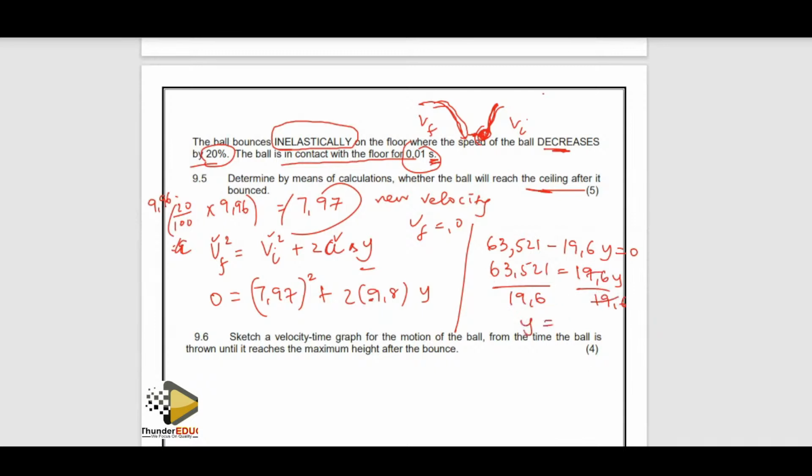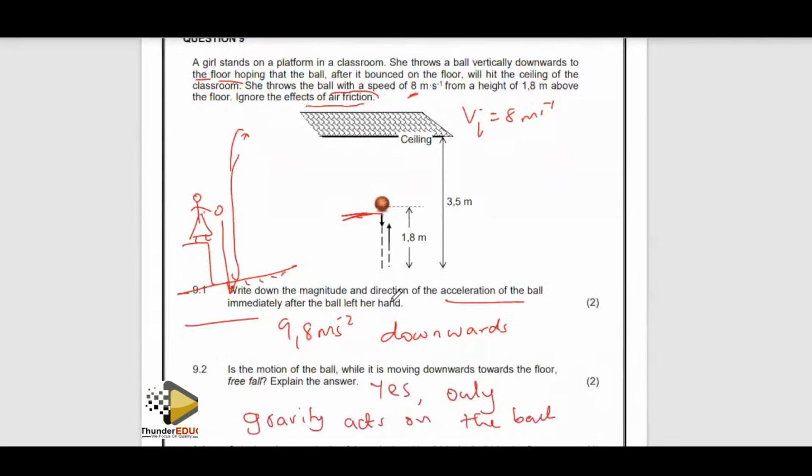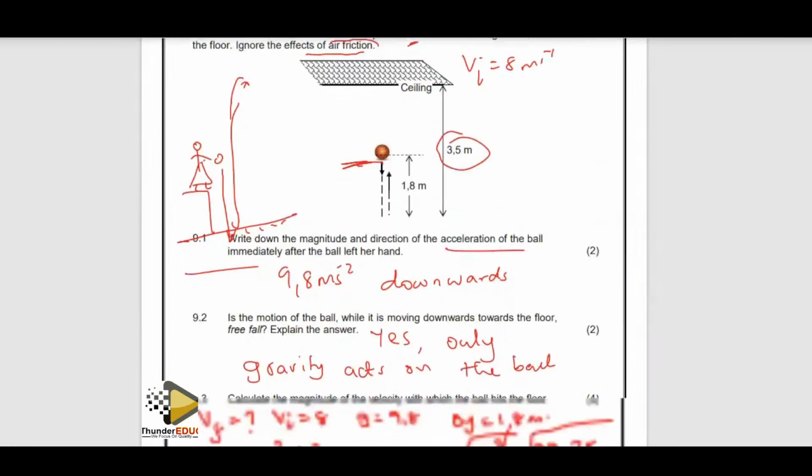And then our y is going to be, I'm getting 3.24 meters here. Okay, so since the maximum height I'm getting is 3.24, and they told us that the height of the ceiling is 3.5, which means this ball is not going to reach the ceiling.